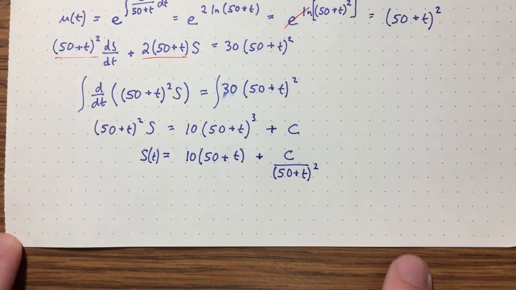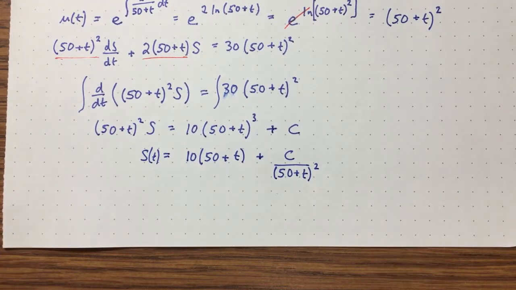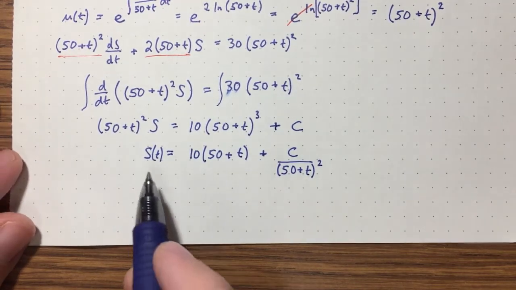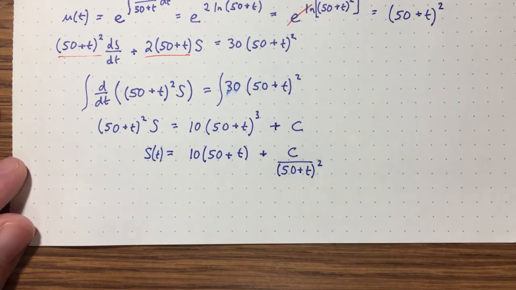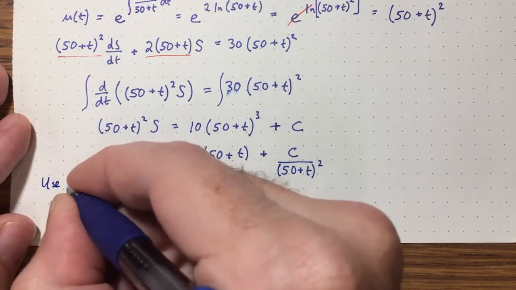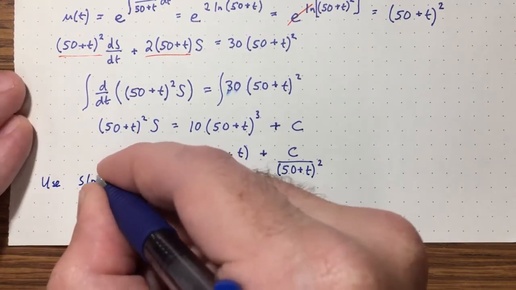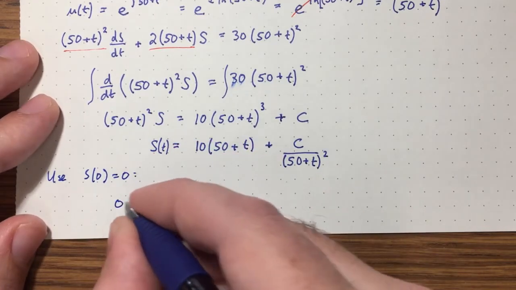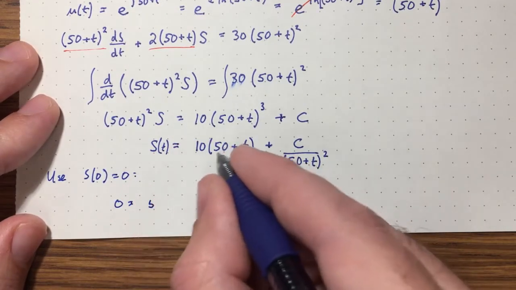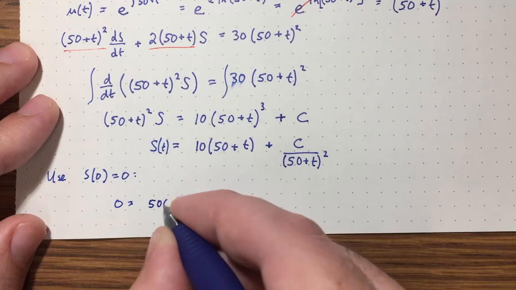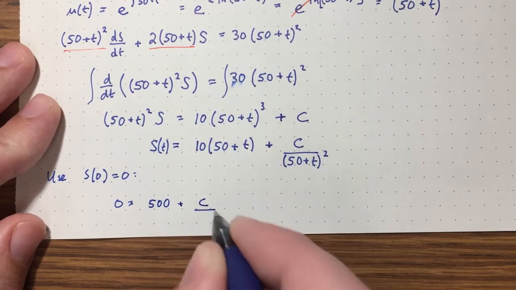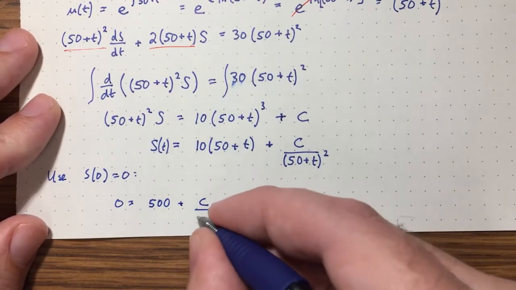And let's go ahead and finish solving this. So we need to figure out what c is. So we're going to use our initial condition, s of 0 is 0. So we get 0 equals, let's see, 50 times 10 is 500, right? t is 0, plus we have c over 50 squared, which is 2,500.